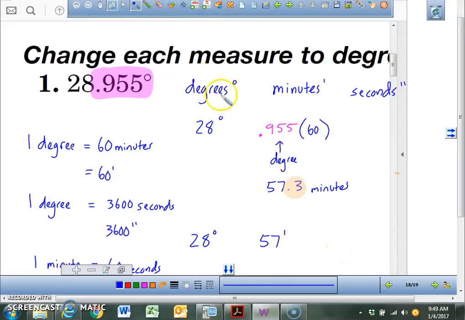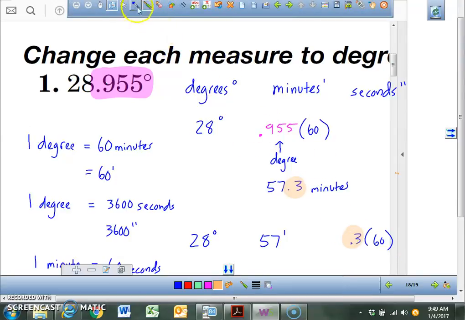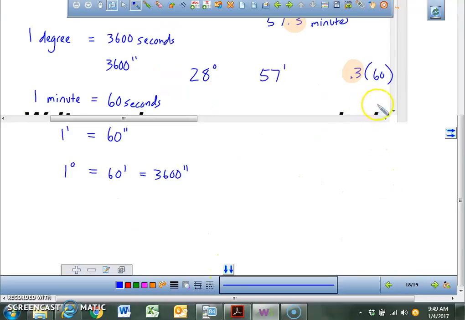So take the 0.3 minutes and multiply it by how many seconds there are in a minute. How many seconds? 60 seconds in a minute. So what does that equal? 18. So you have 18 seconds.